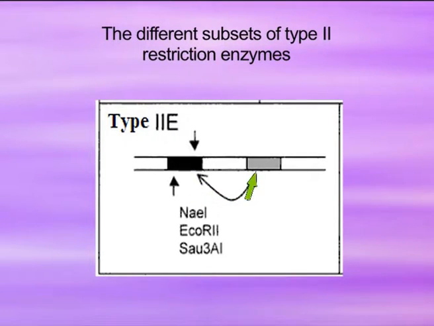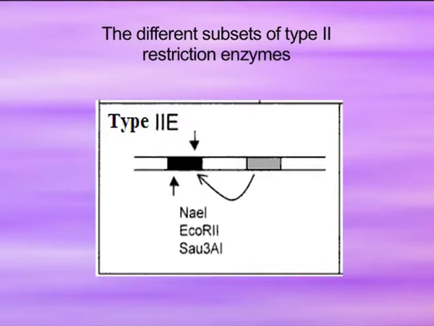One of the copies of the recognition site is acting as an enhancer for the cleavage mechanism of the first copy, and the second copy remains uncut by the enzyme. So, here the second copy is acting as an allosteric modulator, or an enhancer for the type 2E enzyme to cleave the first copy of the target sequence. The example of which is NaeI.